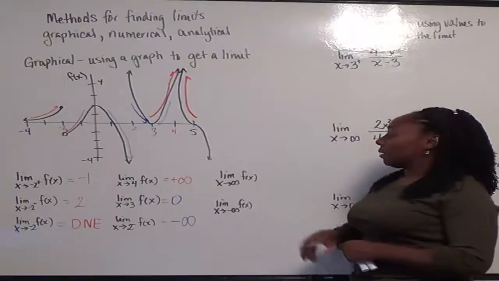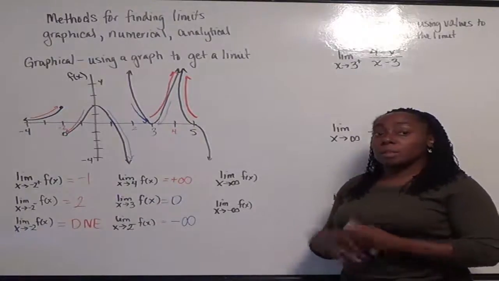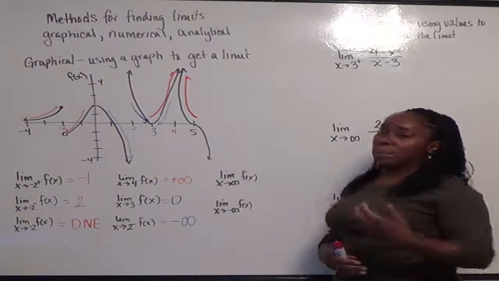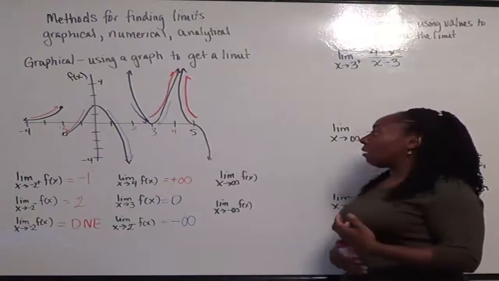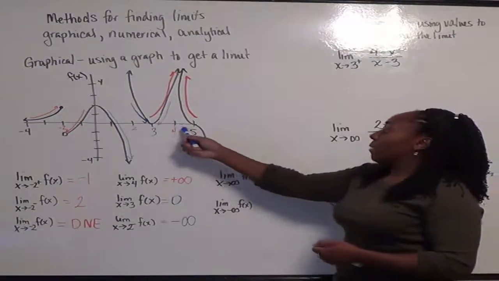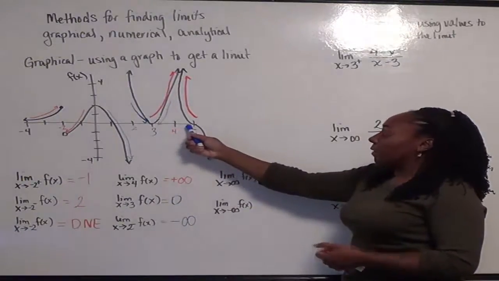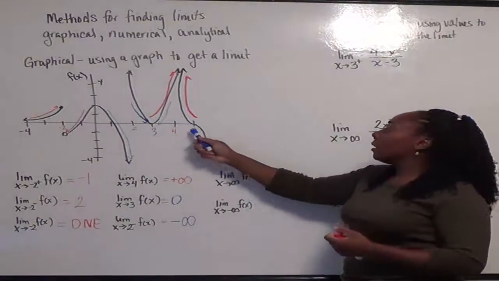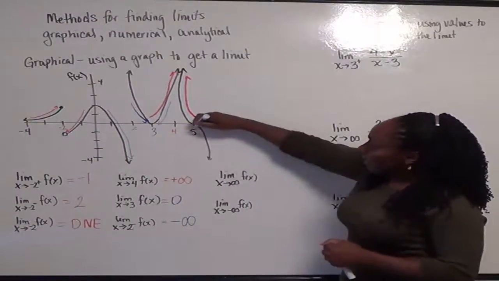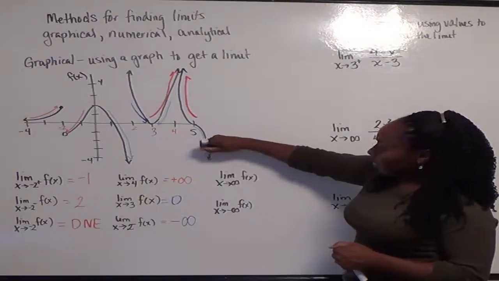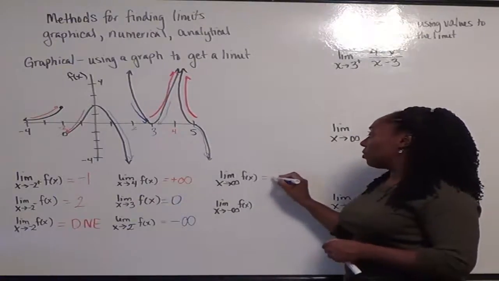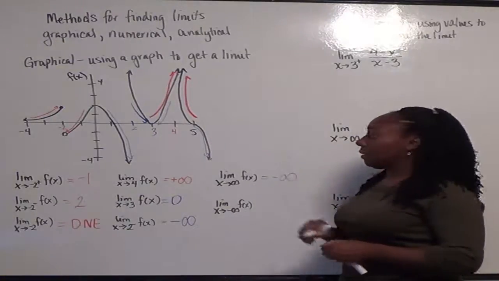If I'm looking at the limit as x goes to infinity, meaning positive infinity, I can only look at that coming from the left side of the graph. So if I move from 5 and move more and more positive, I can see that as I go to infinity in the x direction, my y values are going to -infinity.